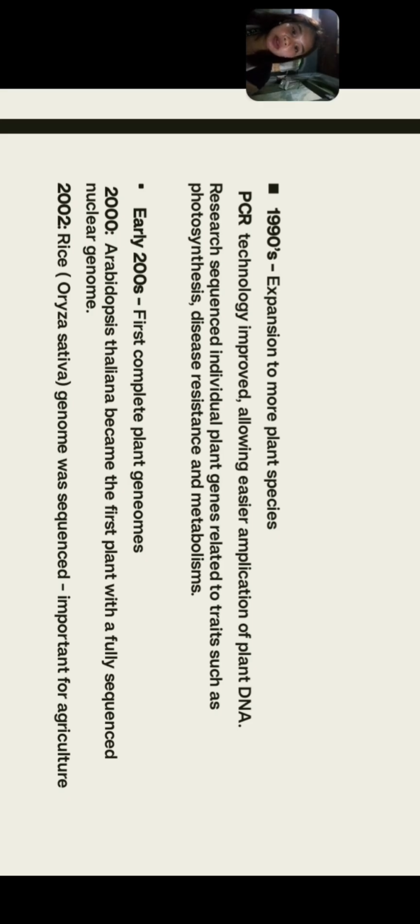In the early 2000s came the first complete plant genomes. In 2000, Arabidopsis thaliana became the first plant with a fully sequenced nuclear genome. This is very important for agriculture.